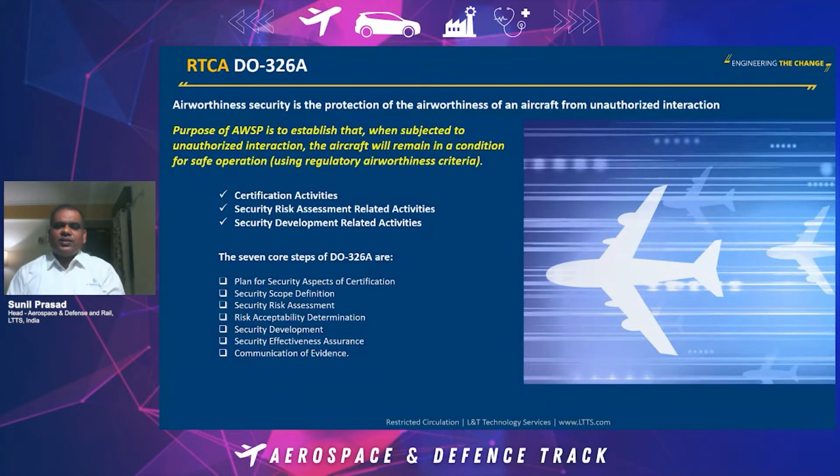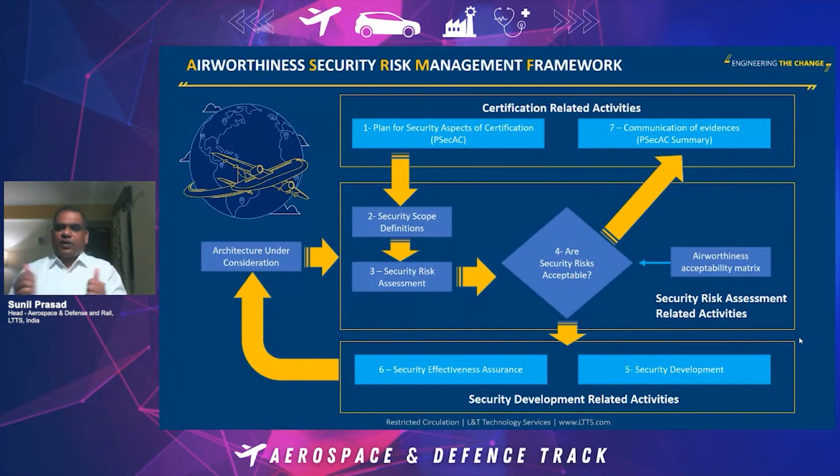This would include certain activities which are an integrated part of the respective ARP documents and other DO documents, DO-118, DO-254, but it also has certain documentation and evidence which is very cybersecurity specific. I'm going to talk about those specific details and how it interfaces with the existing documents in subsequent slides.